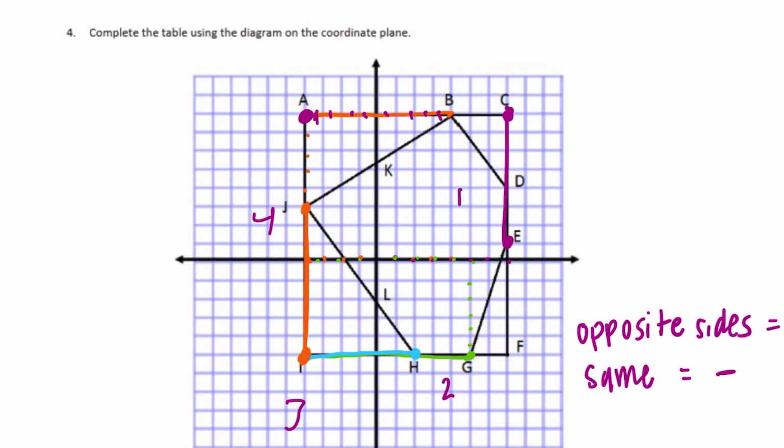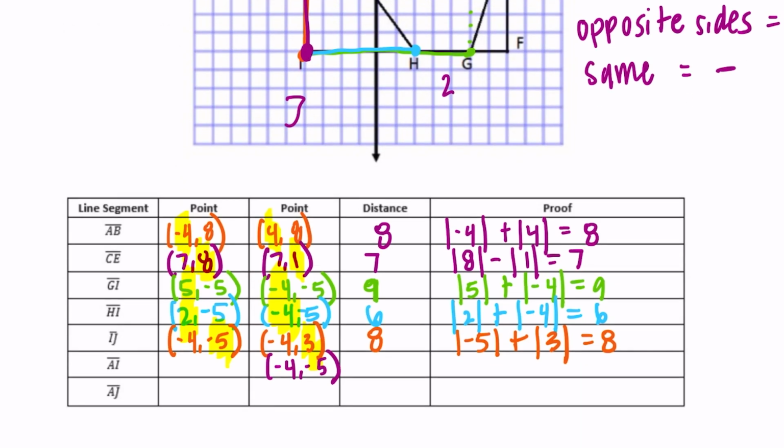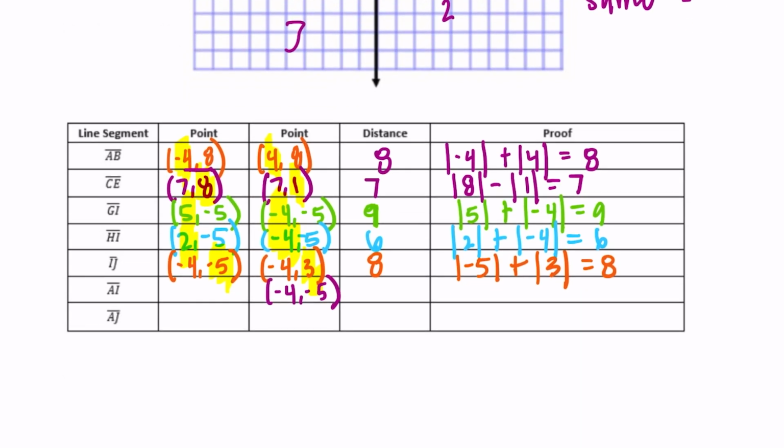It's all the way here, all the way down there. A was right here, it was negative 4, 8. So they differ on their y values, and they're in opposite quadrants, so we're going to add them. The absolute value of 8 plus the absolute value of negative 5 is equal to 13.